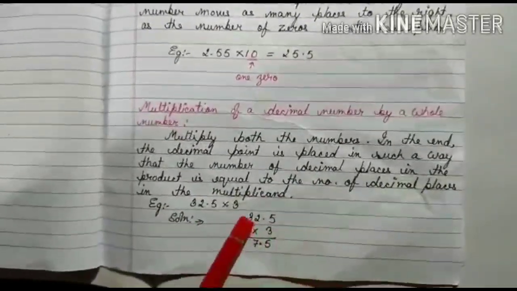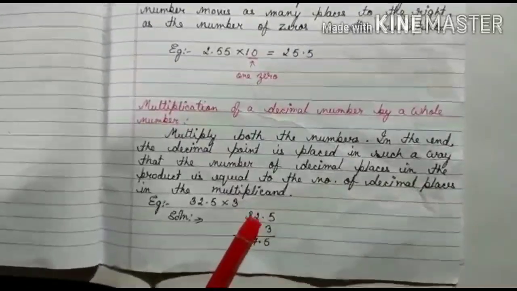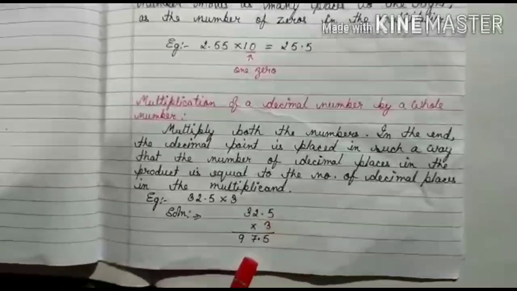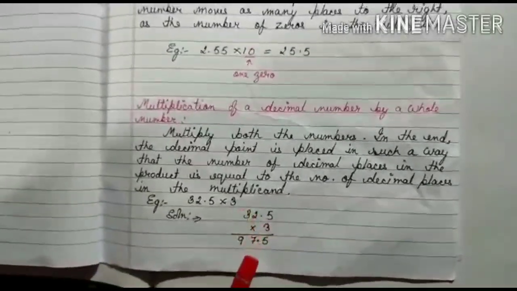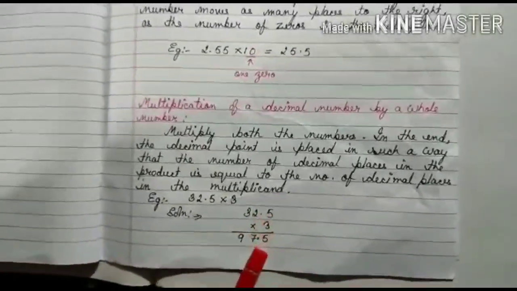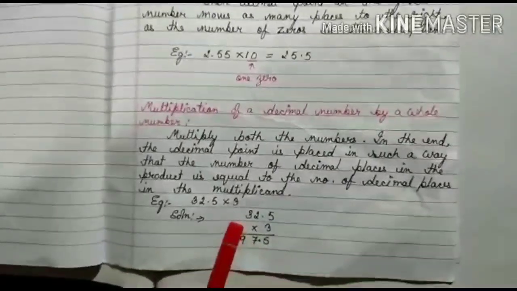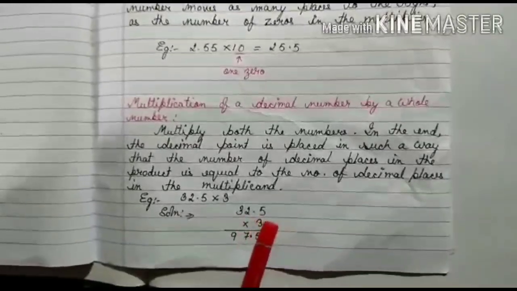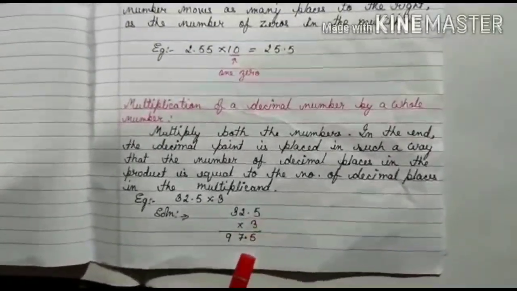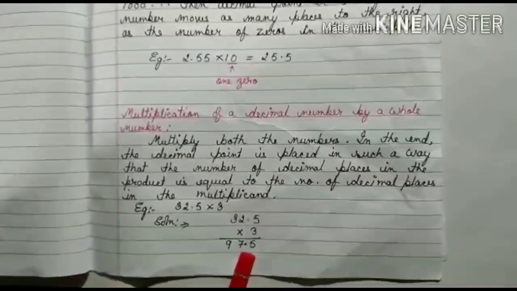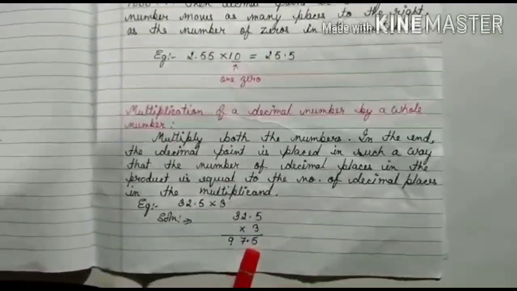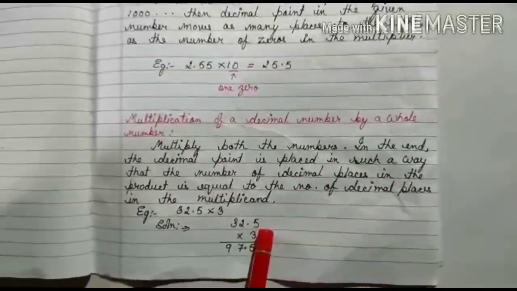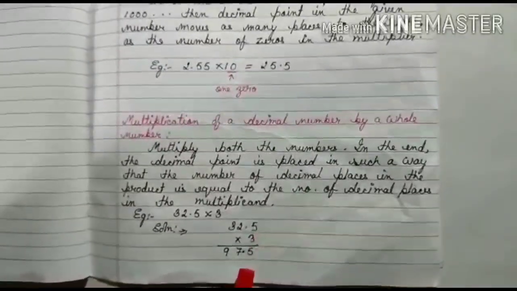In the given example, whatever number of digits are after the decimal point in the multiplicand, in the product what we have to do is put the decimal point according to the number of digits after the decimal point in the multiplicand.